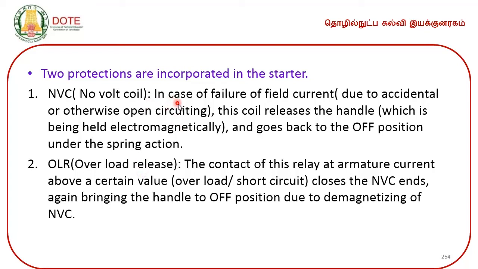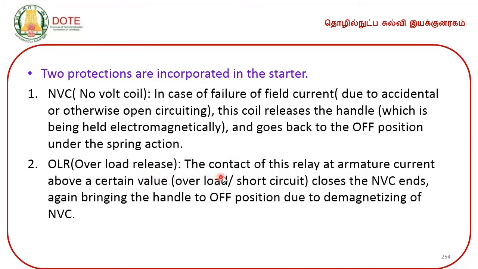No volt coil: in case of failure of field current due to accidental or otherwise open circuiting, this coil releases the handle which is being held electromagnetically and it goes back to the off position under a spring action.